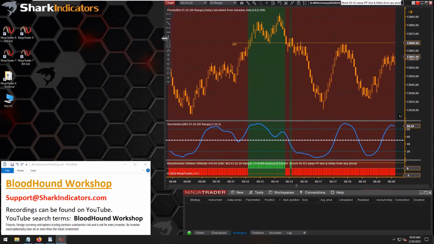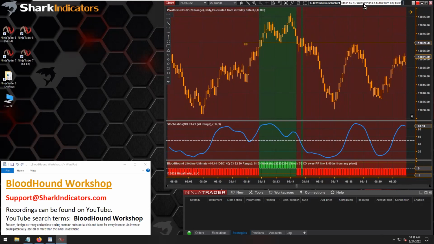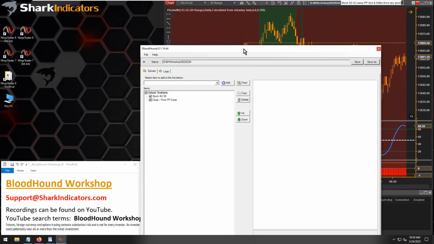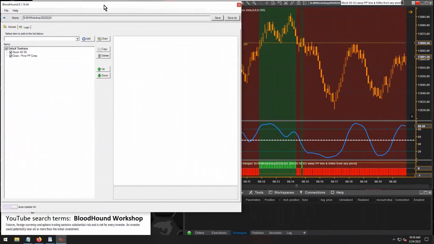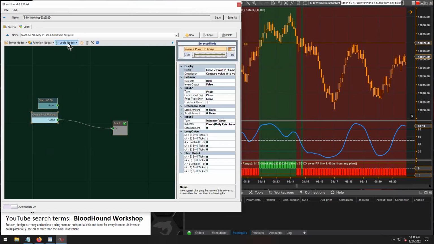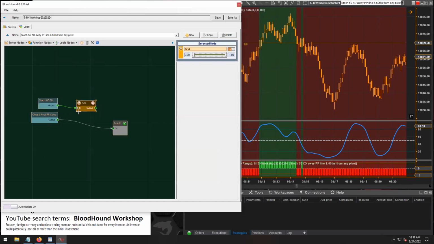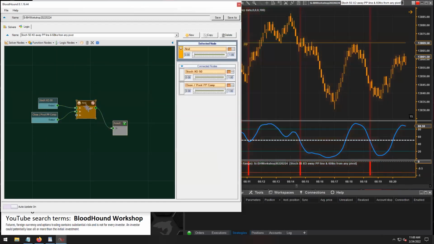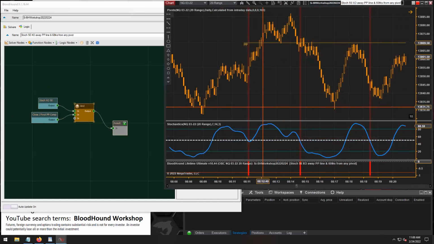Let's see here. There we go. Stretch my chart out a little bit, that way I can see my logic template. Okay. All right, so let's put these two things together. So let's grab an AND node. All right, so now we have some signals here.